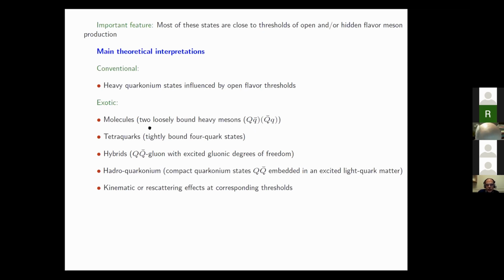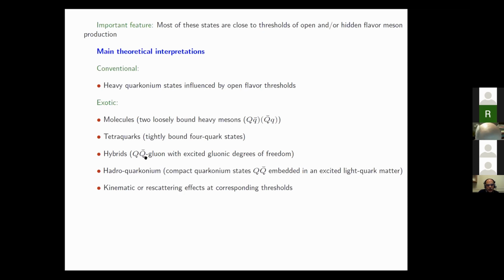The state should be located very close to the corresponding meson threshold, and it has a rather small binding energy and thus a rather large size. It can reach tens of Fermis. Then there is the interpretation as tetraquarks: a tightly bound four-quark state, bound by the colored QCD forces, so it has the usual dimension of hadronic size.